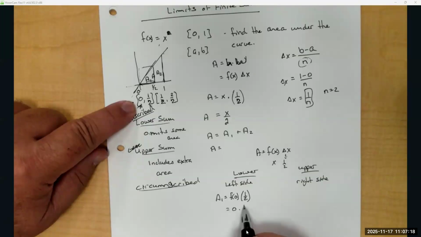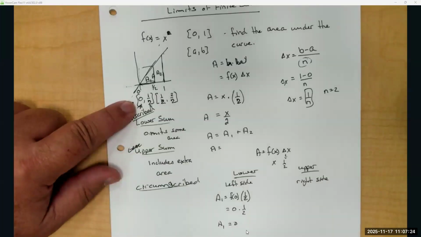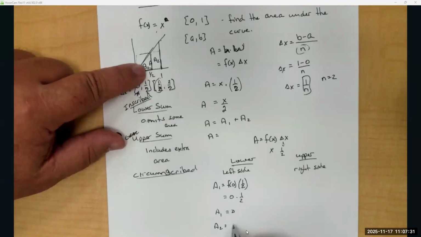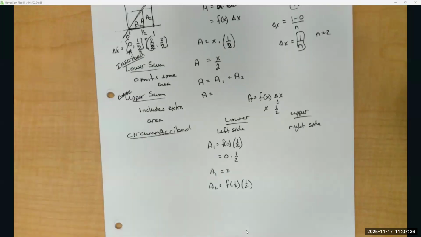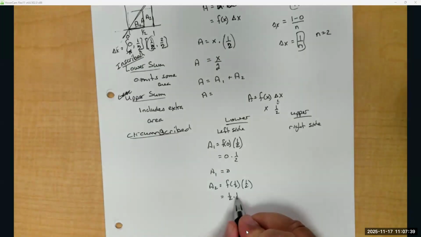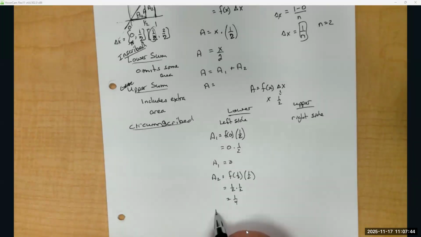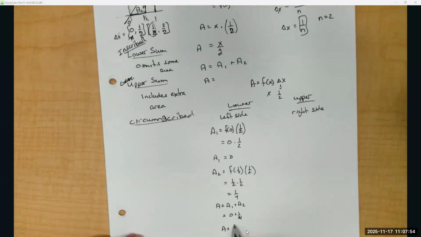So it's 0 times 1/2, which is 0. That's my first rectangle. The second rectangle, the lower bound is 1/2. So it's f of 1/2 times 1/2, which is 1/4. So my total area is the sum of those two, 0 plus 1/4. The area is 1/4.